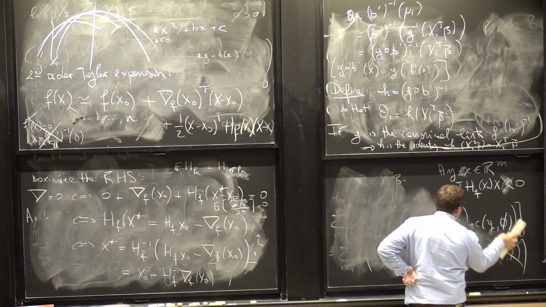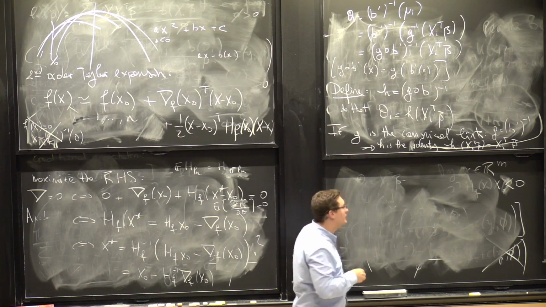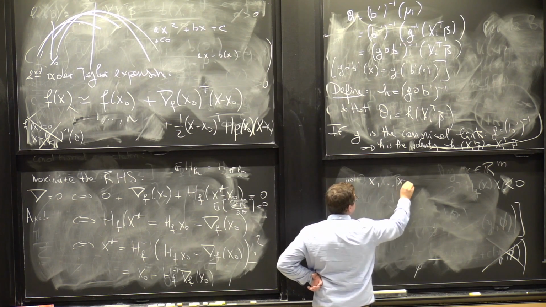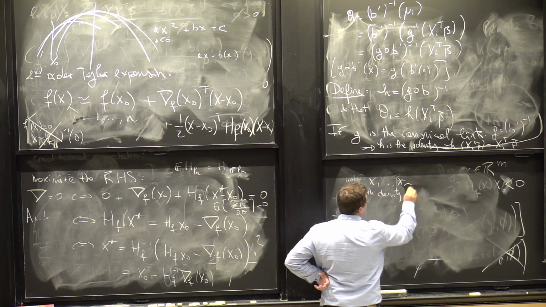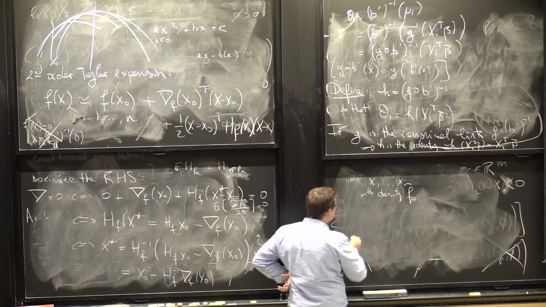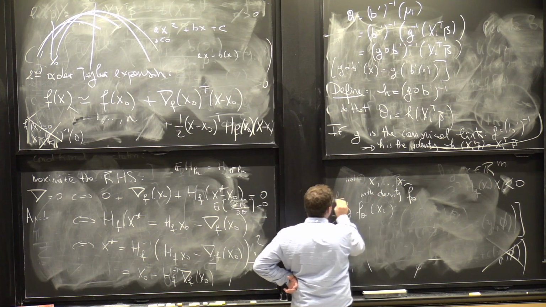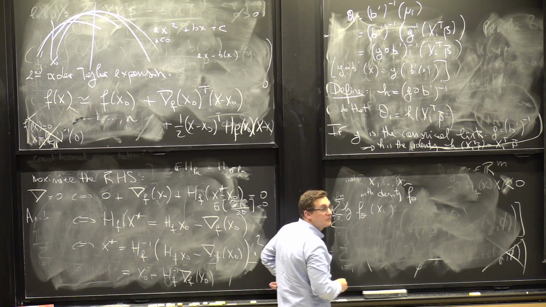If I have IID observations, that should be pretty obvious. So if I have IID x1 to xn with density f theta, and I look at the sum from i equal 1 to n of log f theta of xi, as I said, I need to actually have a 1 over n here.